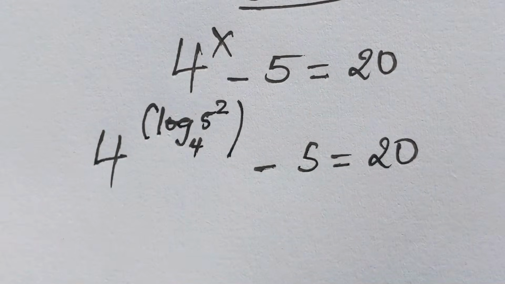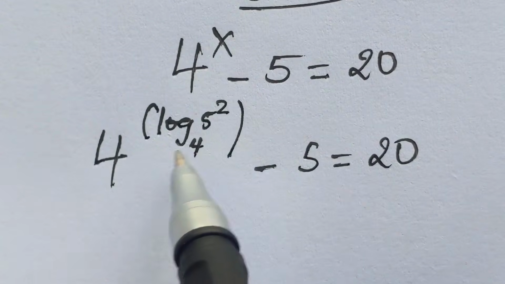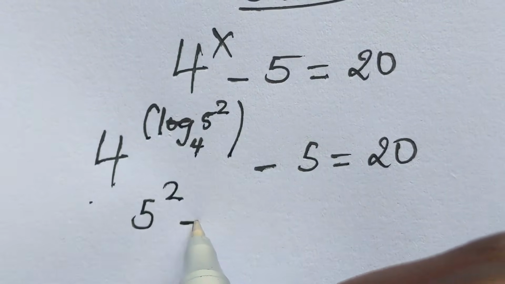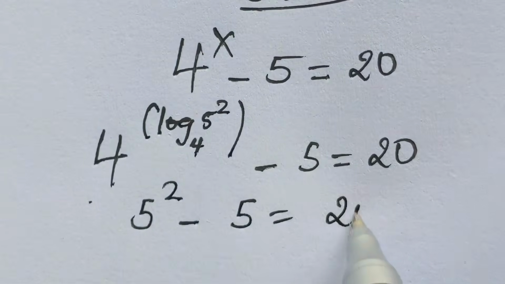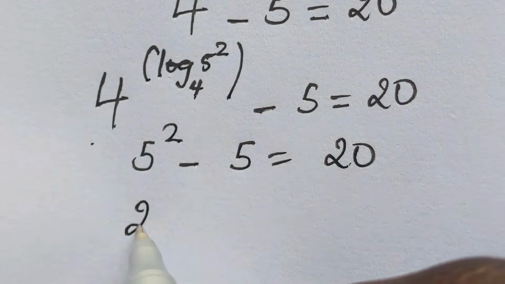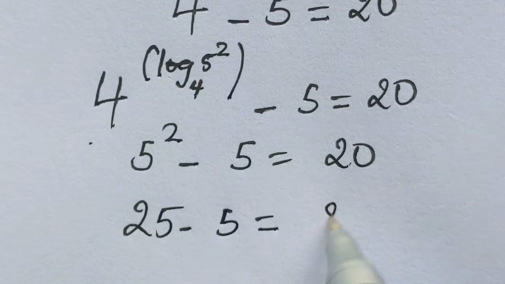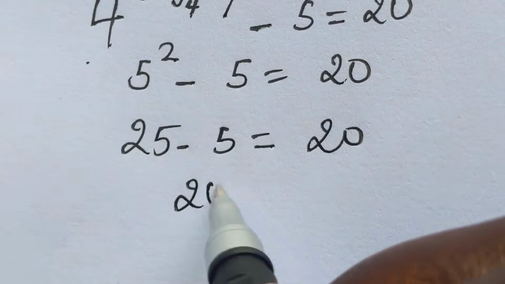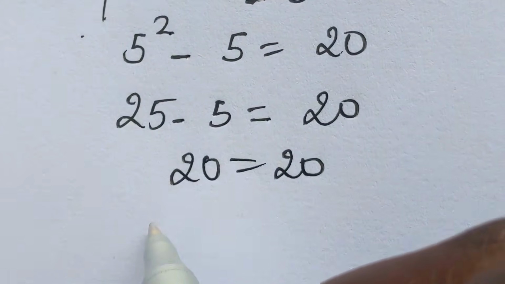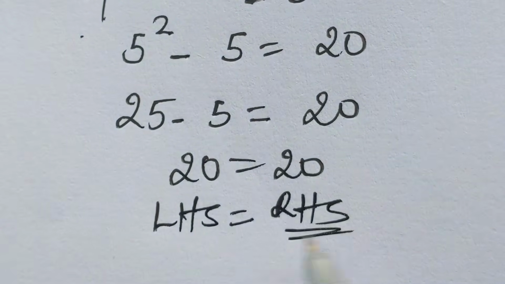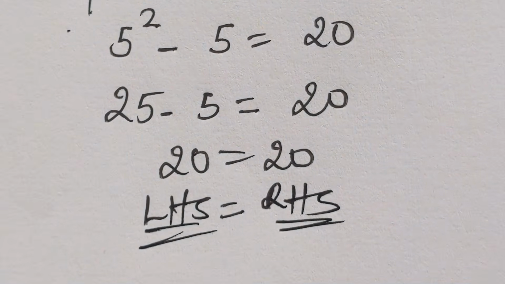At this stage, you have seen that we have the same base, so the answer will be 5 squared minus 5 equals 20, and here I have 25 minus 5 equals 20, and of course 20 equals 20, left hand side equals right hand side.